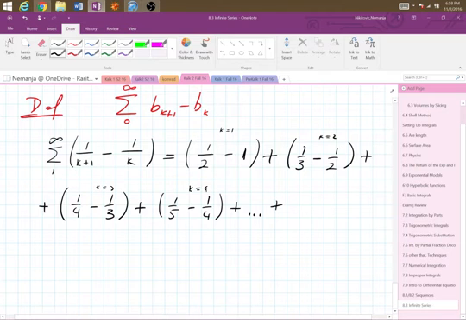So what I'm going to do now is compute a few tail terms. Tail, like a dog tail, cat tail, meaning at the end.